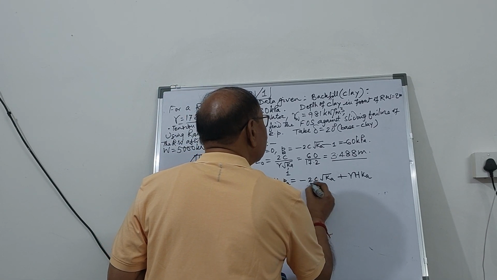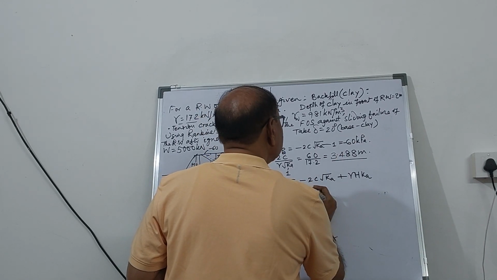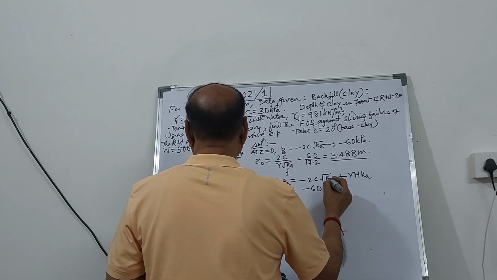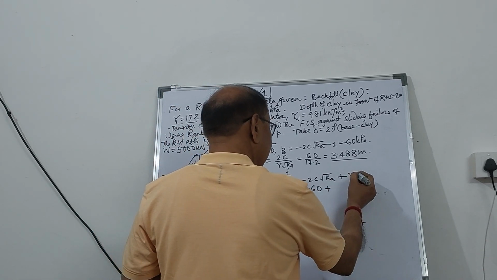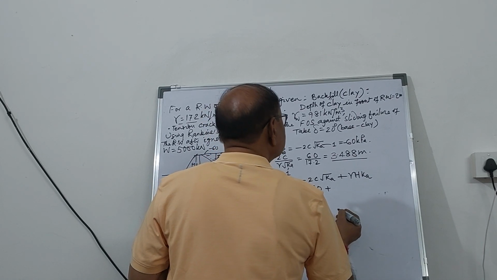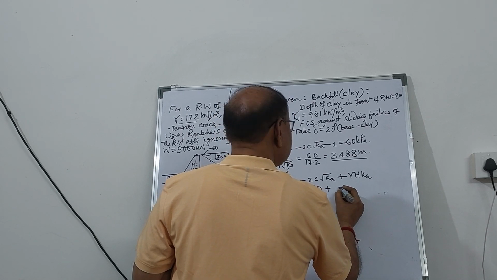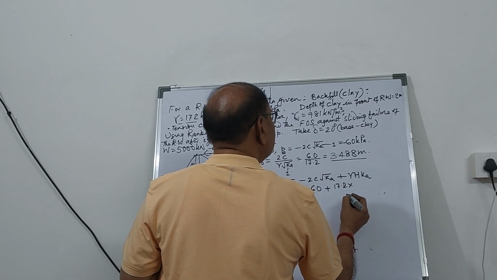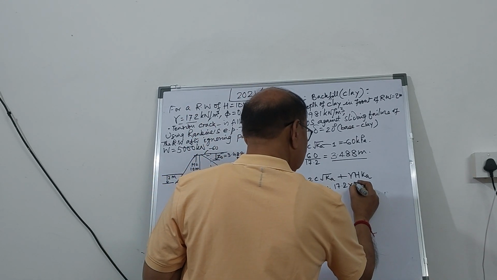So this becomes, already calculated, minus 60, and K is 1. So the vertical pressure at H is gamma Z K, gamma into Z. So gamma into H, gamma is given to you as 17.2 and the value of H is given as 10 meter.